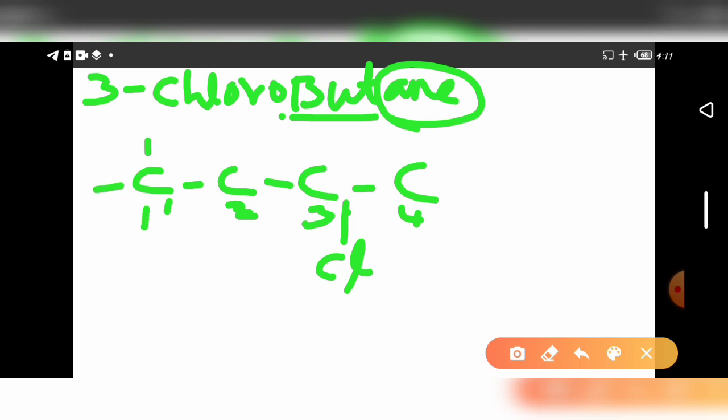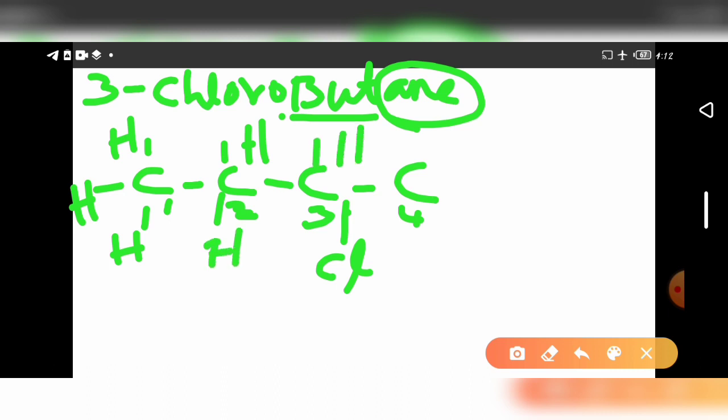You have to fill with hydrogen in a single bond: that is CH3, this is CH2, this one CH, because 3 bonds are filled, the remaining 1 bond is filled by chlorine. Remaining 3 hydrogen here. So now the formula: the first carbon contains CH3.